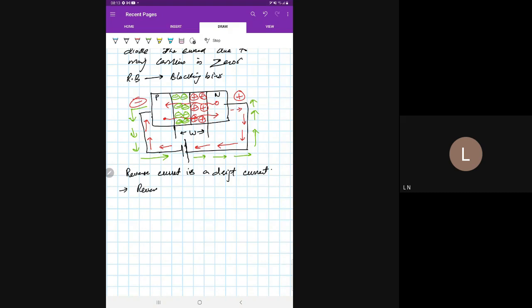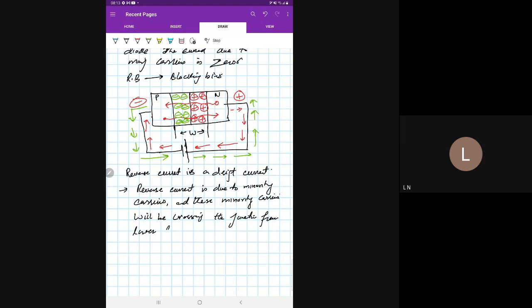And we should know that reverse current, please note it down, is due to minority carriers. These minority carriers will be crossing the junction from lower concentration to higher concentration.